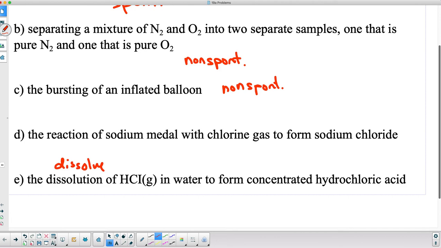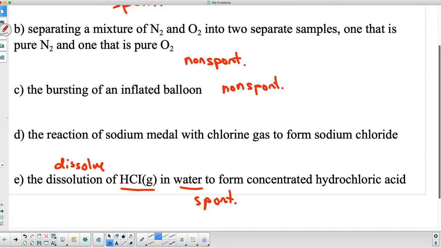Now you set up the whole apparatus and you allow the gas to bubble through the water, and naturally this dissolves into the water on its own. So this would be considered spontaneous because once you set everything up and it goes forward and bubbles HCl through the water, the fact that it forms concentrated hydrochloric acid happens spontaneously on its own.